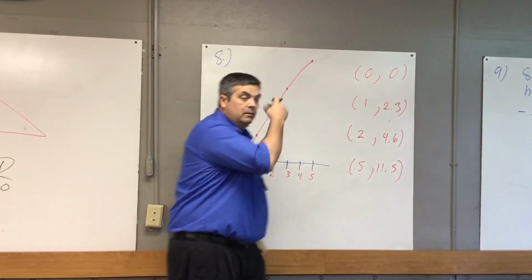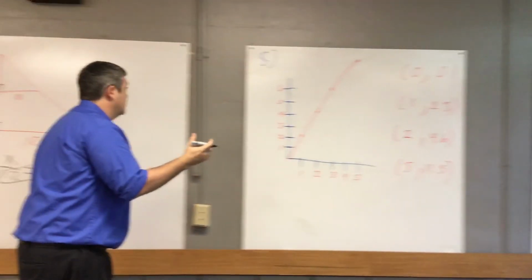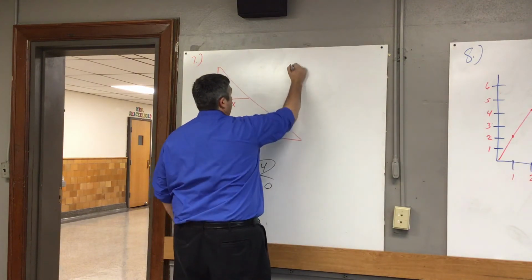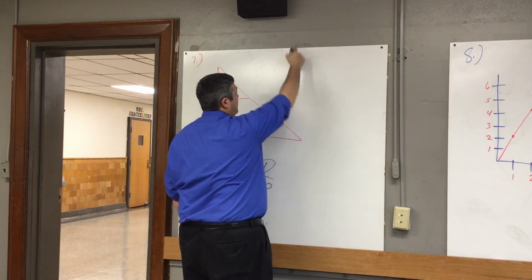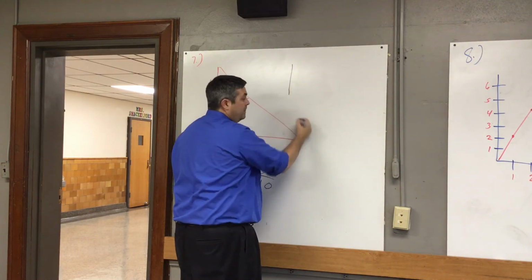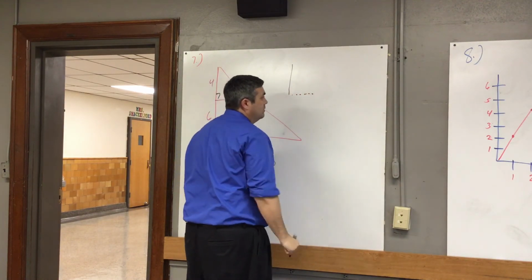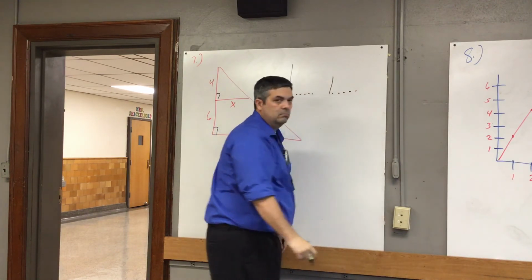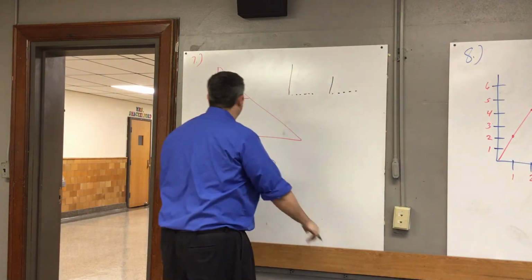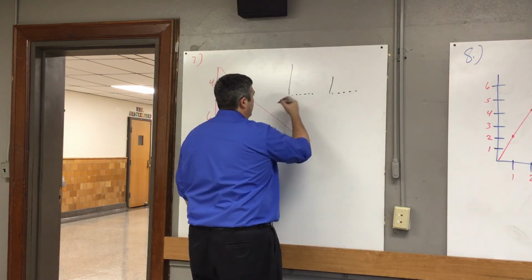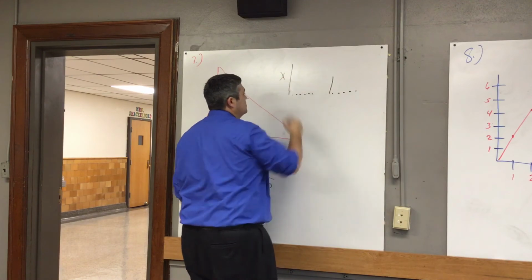Okay? There's another type of problem that they're going to give you on this. It's the shadow problem, right? You have a tree that's this tall, leaves a shadow this long. You're this tall. You leave a shadow this long. It's kind of set up the same kind of scenario. They want to know how tall the tree is.